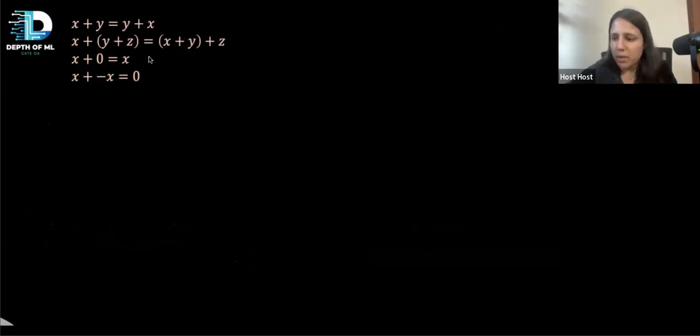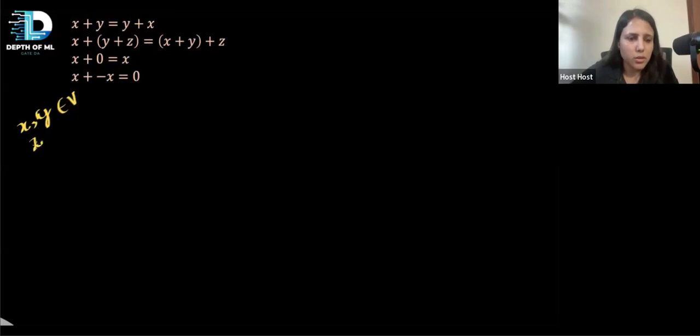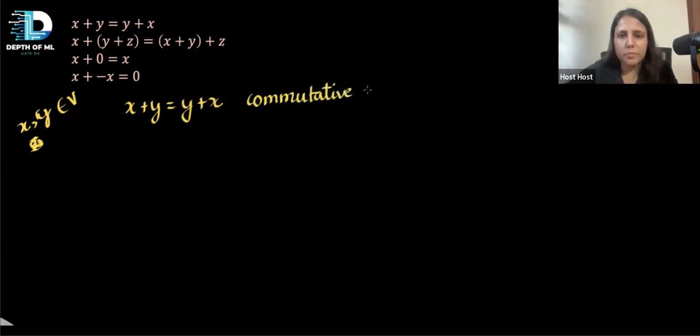So this property is basically telling me if I take two vectors, x and y, which belong to V. I will take only two vectors for now. If I take two vectors which belong to V, x plus y is equal to y plus x. This is called the commutative property of addition.